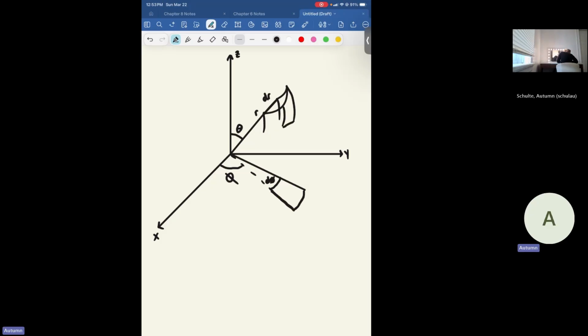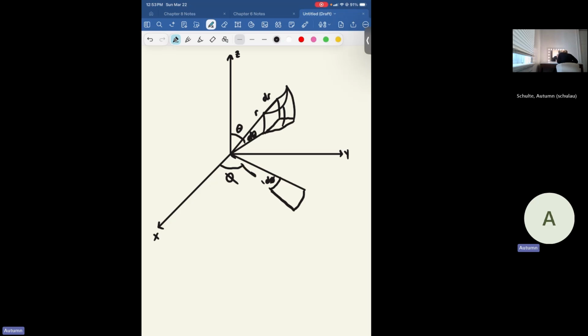And we're going to make ourselves a control volume. And this is going into the page, so if you can kind of wrap your head around that. There's some change in angle here that we're going to say is d theta.